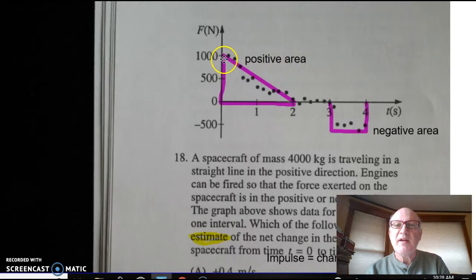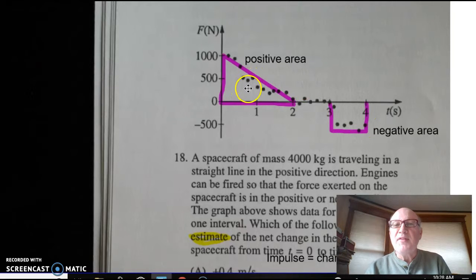This is a positive area, and it's 1/2 the base times the height. Well, 1/2 the base is just 1/2 times 2, that's 1. 1 times the height is 1,000, so the positive area here is 1,000. This is a rectangle that has dimensions of 1 unit of time and minus 500 units of force, so that's minus 500.